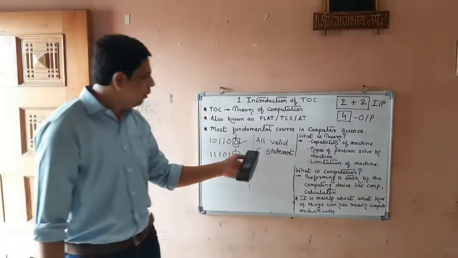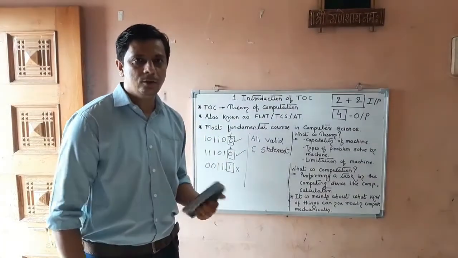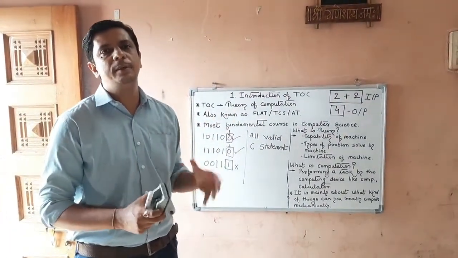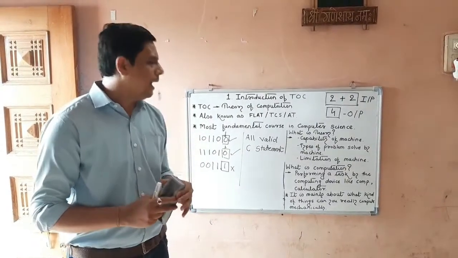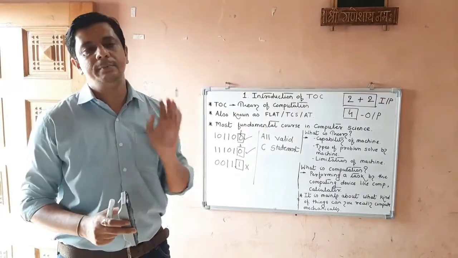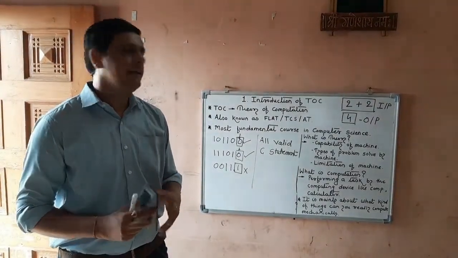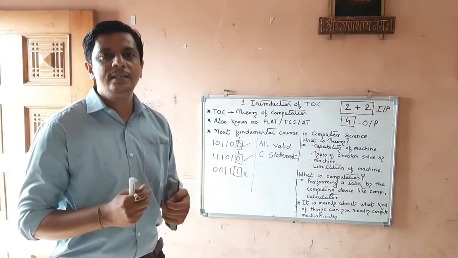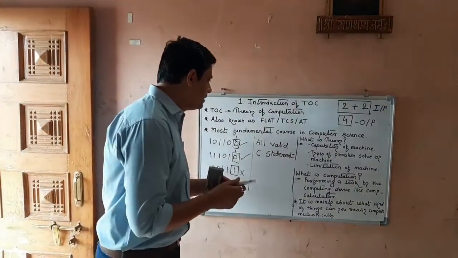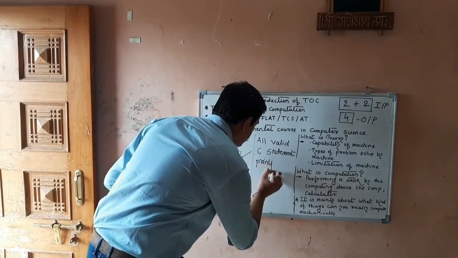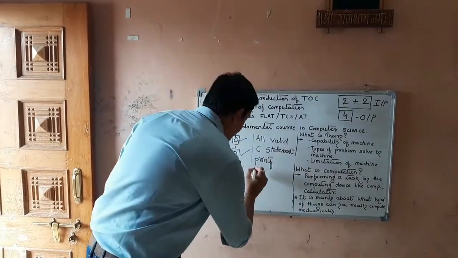Now how do we design this machine? C is a programming language. There are many programming languages: C, C++, Java. Each programming language has syntax and semantics. If we want to design a machine which accepts all valid C statements, what are the valid C statements? See, printf is a valid C statement.